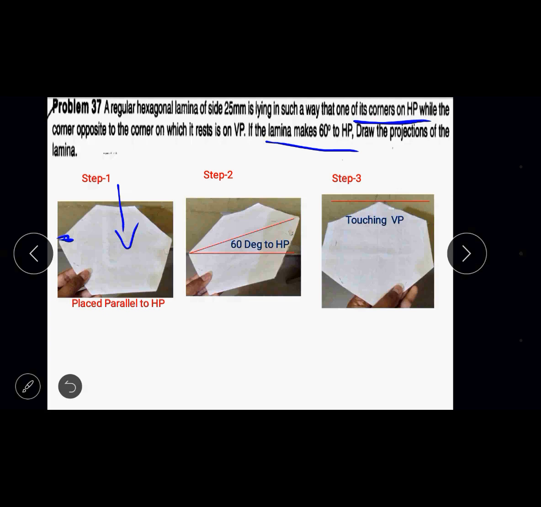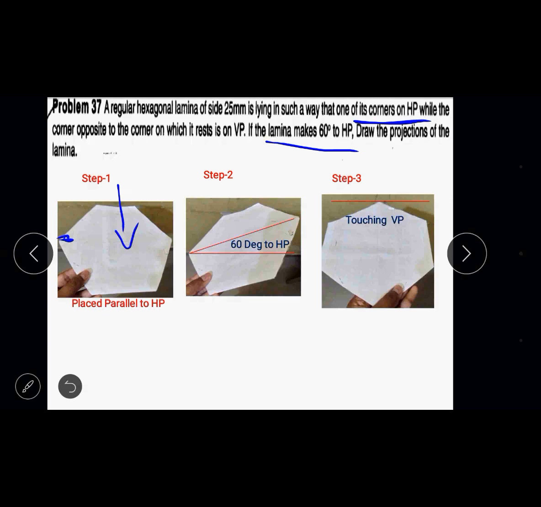Coming to the next step, the surface of the lamina is inclined 60 degrees to HP. How do you incline it? The corner is the reference.